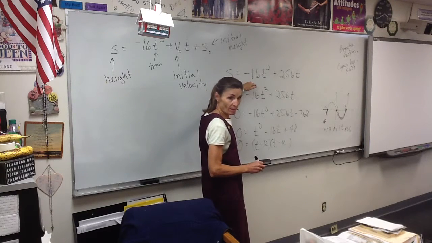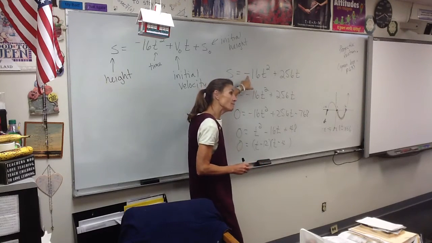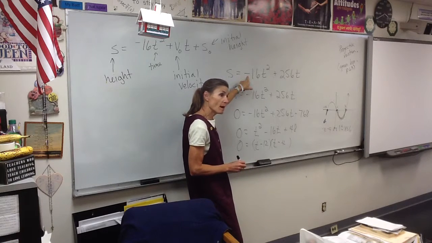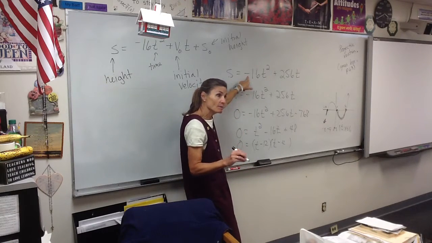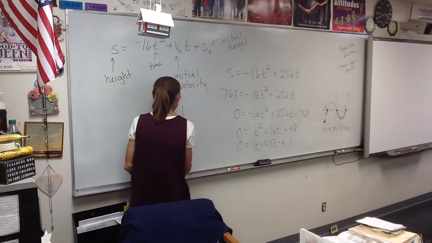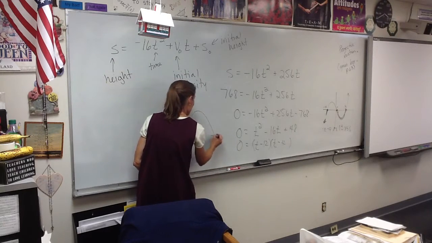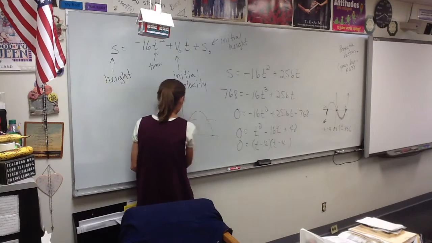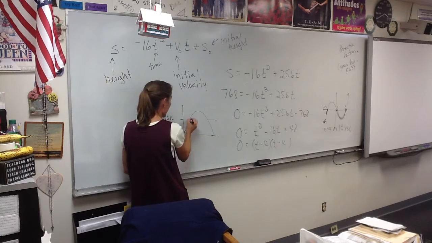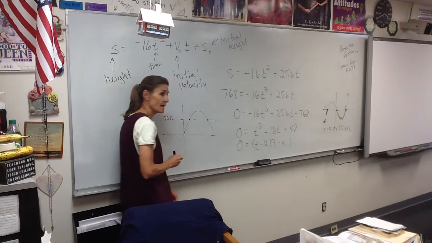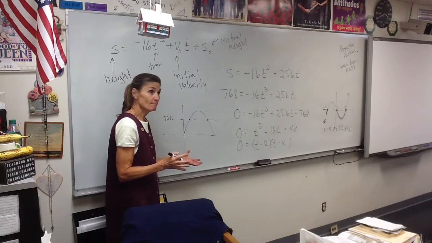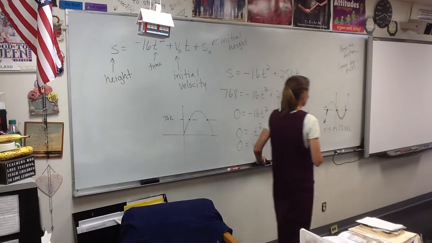A parabola. And when it has a negative coefficient, it's a parabola opening down. So if you graphed this, you'd have this trusty little parabola. Here's where it's 768 on the way up and on the way down. Make sense? Oh, math is beautiful.